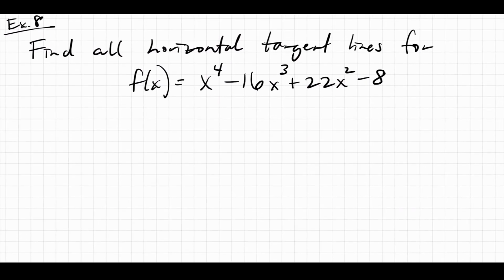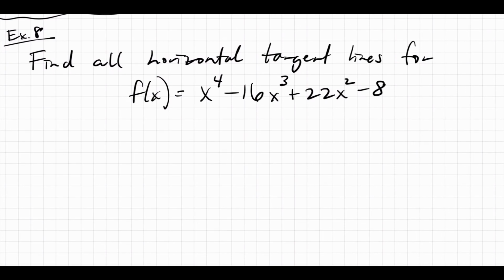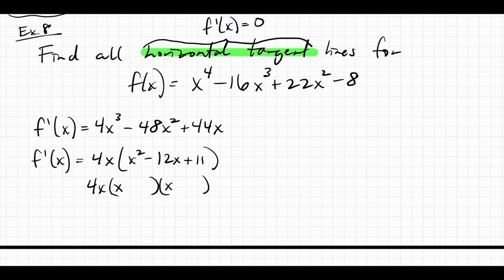So I want you to find all horizontal tangent lines for that. So remember, horizontal tangent lines means where the derivative is 0. That's all it's saying. Where is the derivative going to be equal to 0? Well, find the derivative, set it equal to 0.